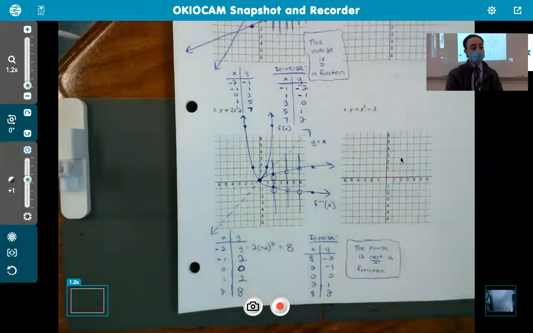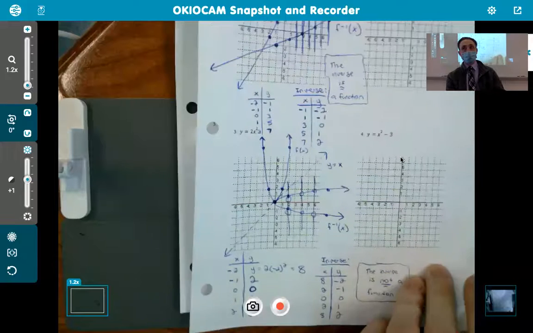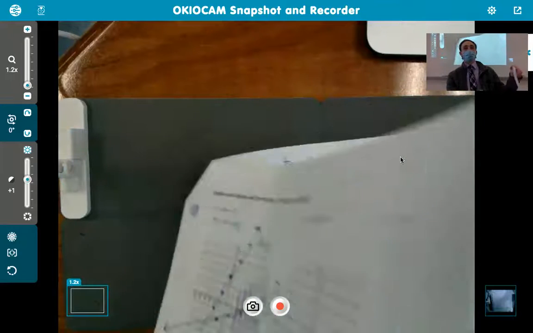So that's just some background in what it means to be a function and why we're testing that. Any questions about the graphing aspect of what we've done so far in class today? Hopefully this is a little bit of a review of what we covered, not only on Tuesday, but yesterday as well. Everybody good? Okay.